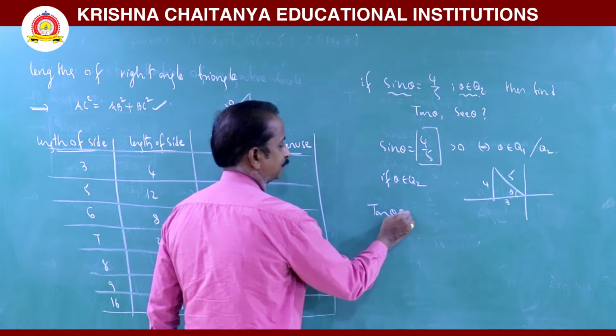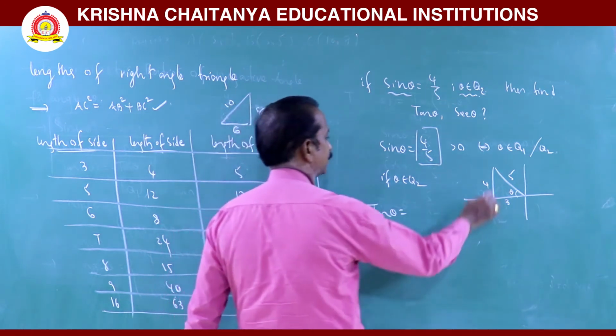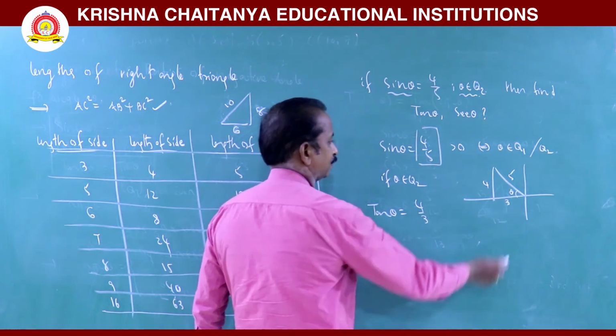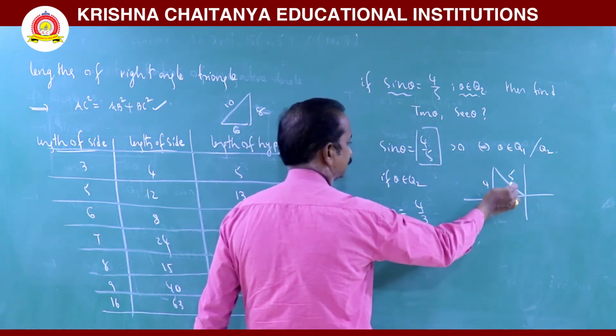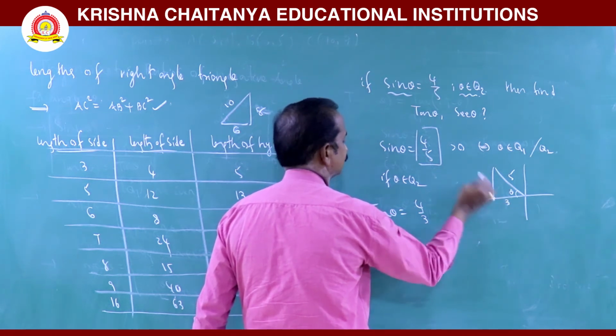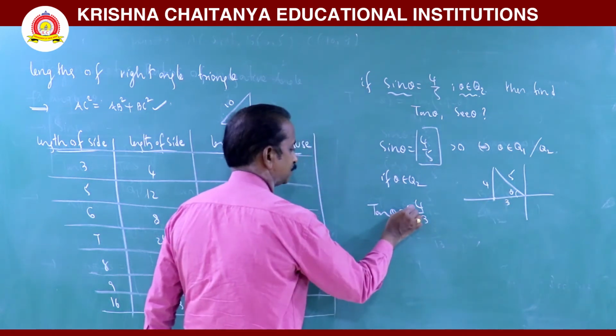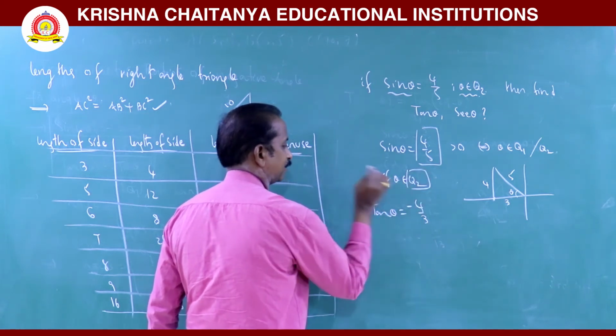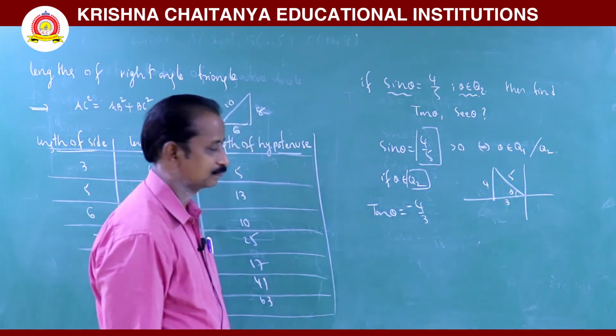Tan theta is opposite side by adjacent side, 4 by 3. But this is a length, that's why we write 3. The point is minus 3 comma 0, and tan theta in the second quadrant is negative, since theta belongs to quadrant 2.